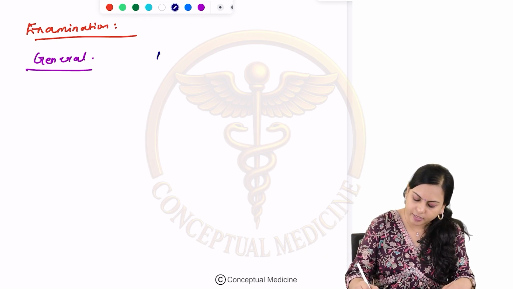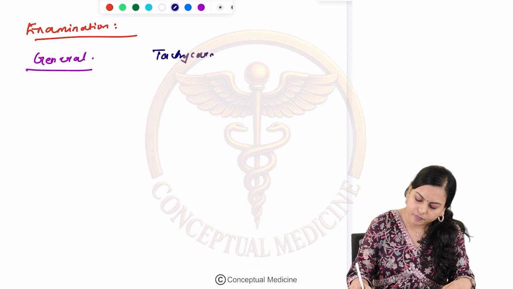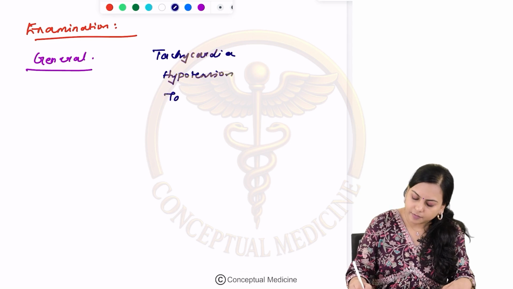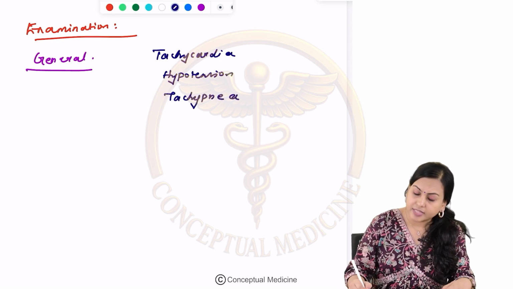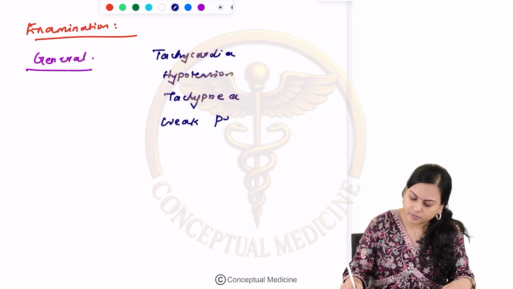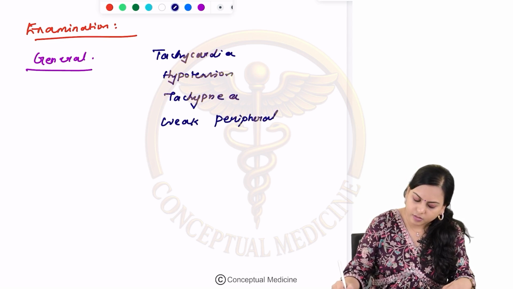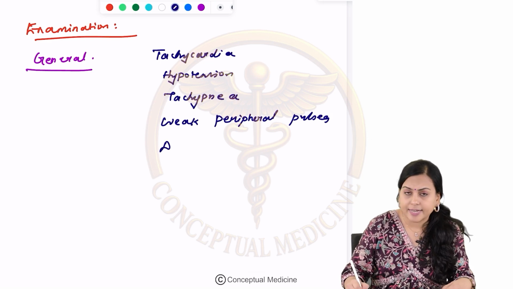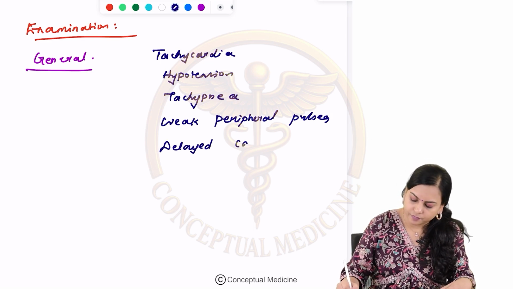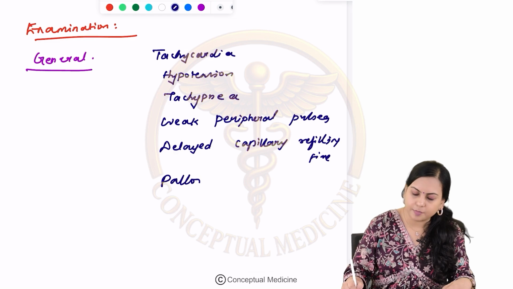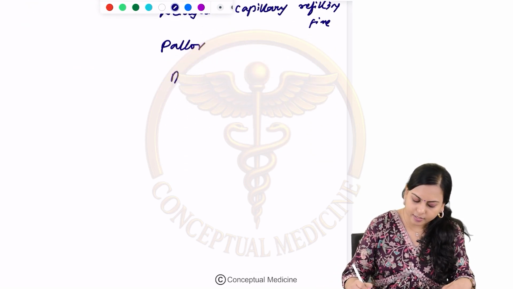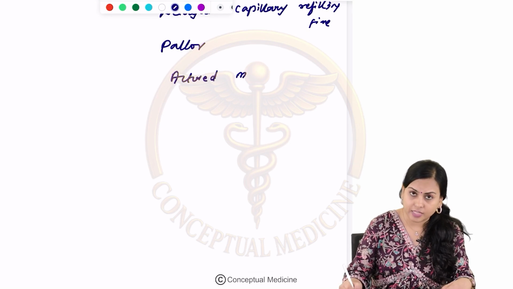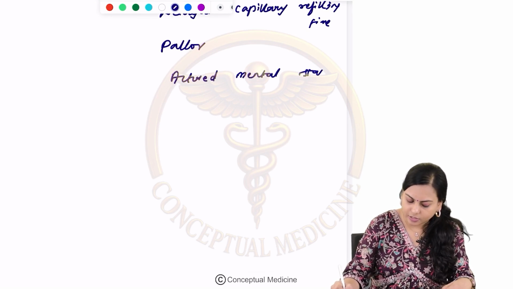That is, you will find tachycardia, hypotension, tachypnea, weak peripheral pulses, or delayed capillary refilling time, or most importantly pallor, sorry for forgetting this, and then she can also present with altered mental status.